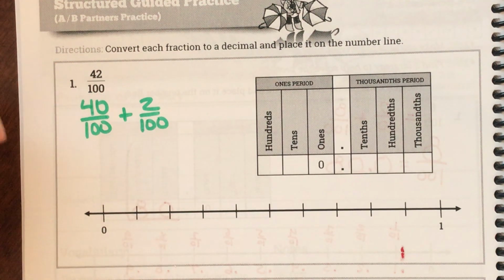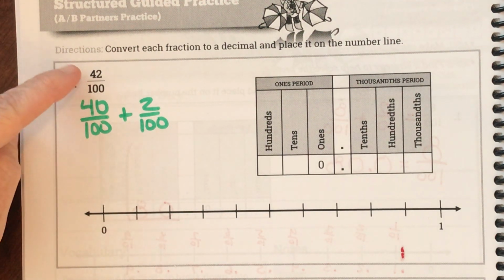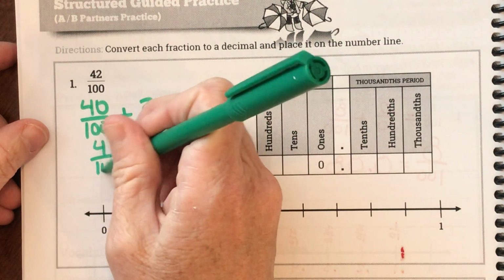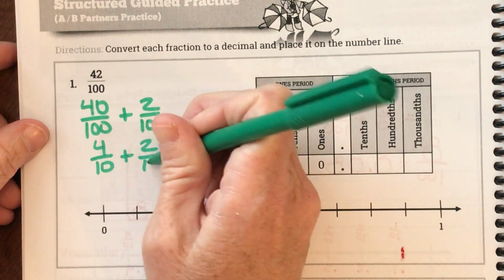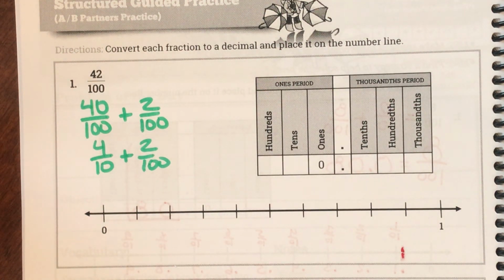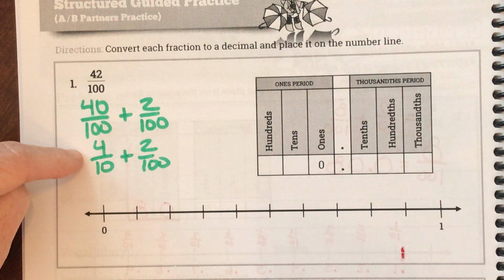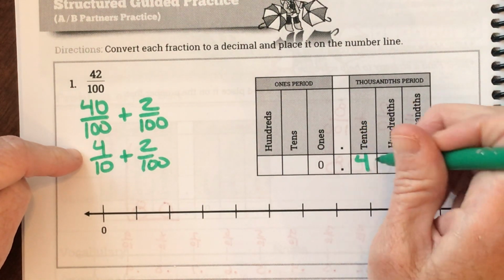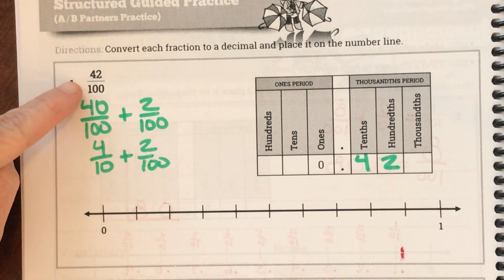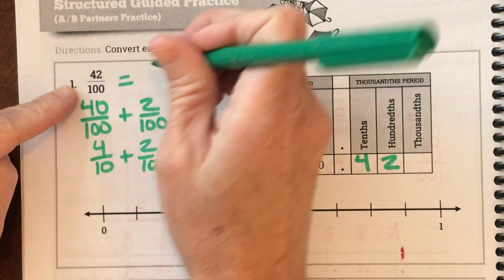So I just decomposed the 42 into 40 plus 2. And I know 40 hundredths is the same as 4/10. So I have 4/10 plus 2 hundredths. So on our place value chart, we can say 4/10 and 2 hundredths.